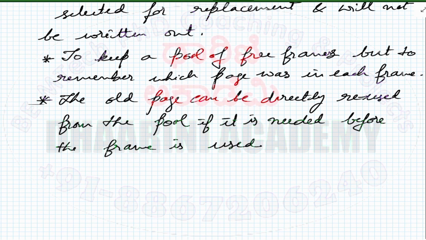The frame is already there in the free pool. If somebody wants the free frame itself, then we will clear the data and use it. But if the same data needs to be used, that's also possible. You speed up the things, right? Whenever the reusing concept comes, we can use this.